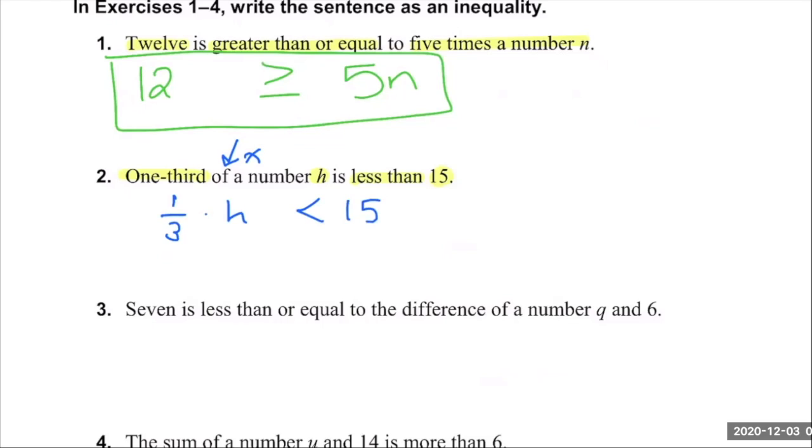You could leave it like this. That's totally acceptable. But I see that I can combine these two to make it a little bit more of a shorthand. So I'm going to have h over 3 is less than 15. Again, both of those answers are correct. That's totally up to you as to which one you would like to use.